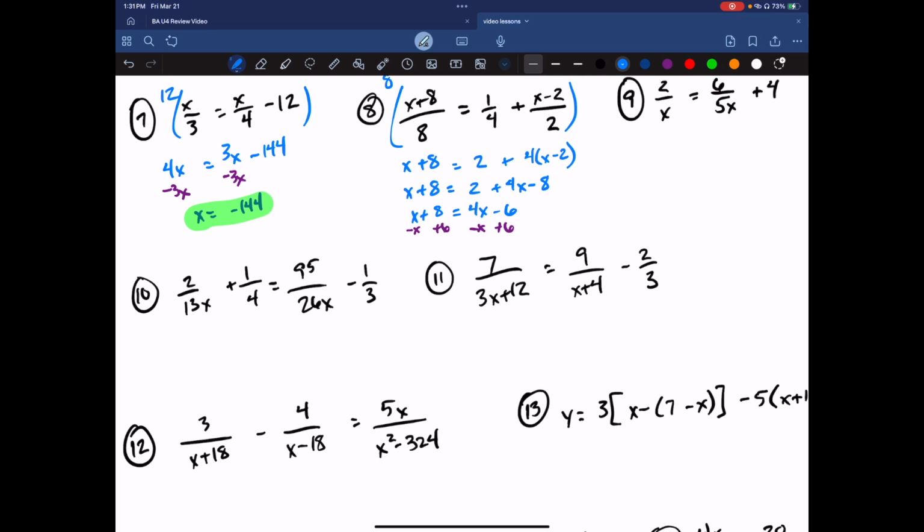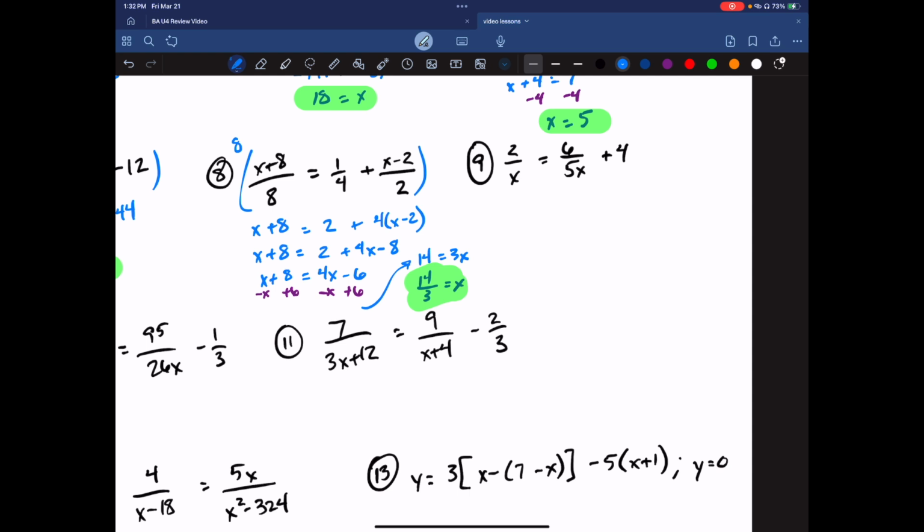Okay, so it's going to be 14 equals 3x. And when you divide, you get 14 over 3 equals x. If you check your work, you find this is actually my answer. I didn't make a mistake this time. This is actually my answer.